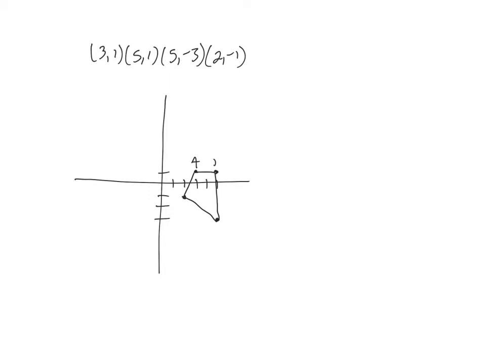So if we did A, B, C, and D, and we were supposed to do a rotation of 270 degrees.